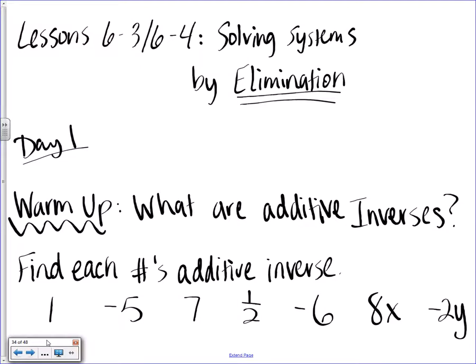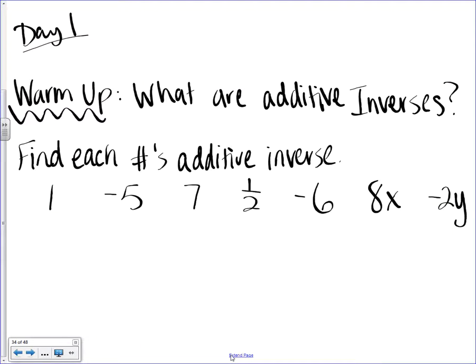Fair enough? Okay, in order to do elimination, you need to remember what additive inverses are. What does it mean to be additive inverses? Yeah, basically they're opposites, and so when you add them, you get 0. So what is the additive inverse of 1? What is the additive inverse of 5?